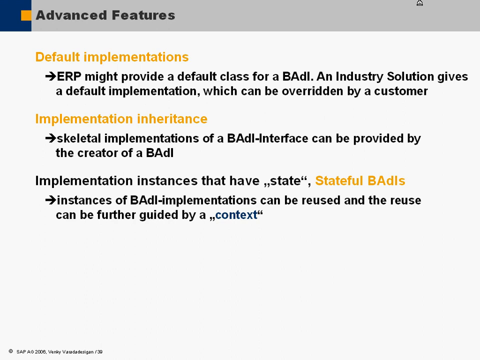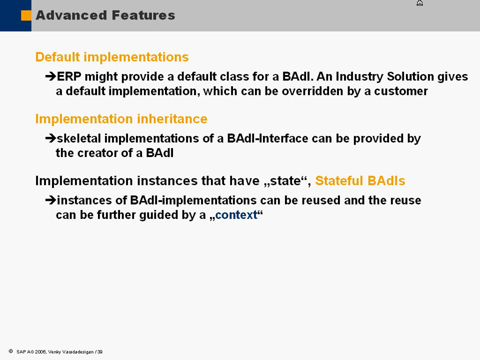In case the filter condition is not satisfied, or the implementations are not active, you can have a default implementation, which could be executed irrespective of the filter condition and the active implementations. We also have something called implementation inheritance. It's a pure object-oriented concept, and you can inherit the implementing class and reuse those inherited classes.